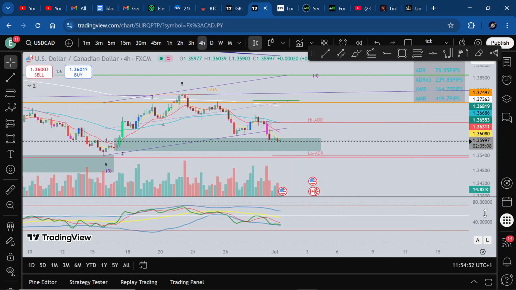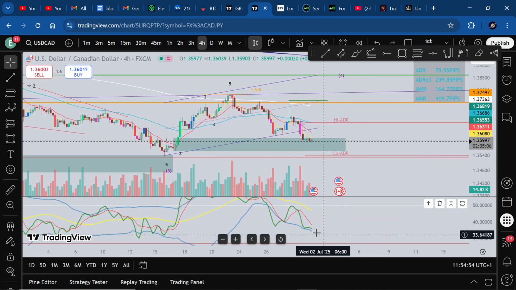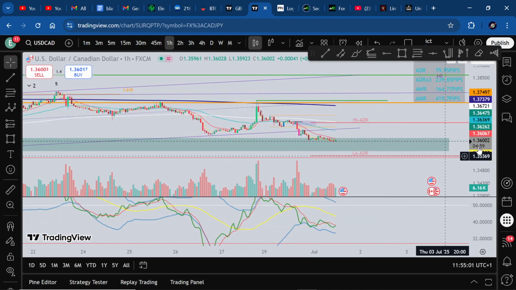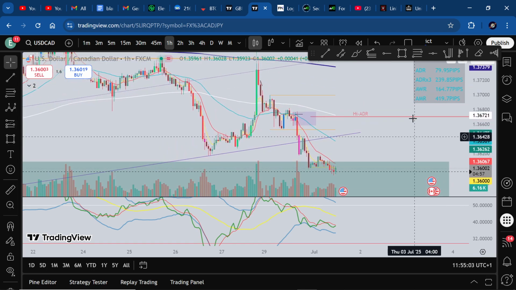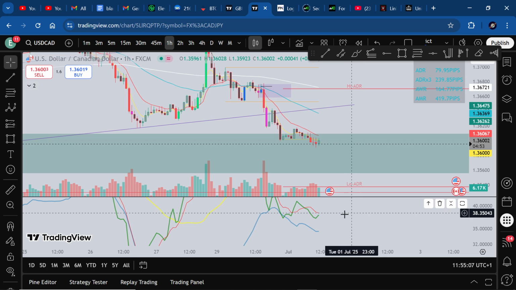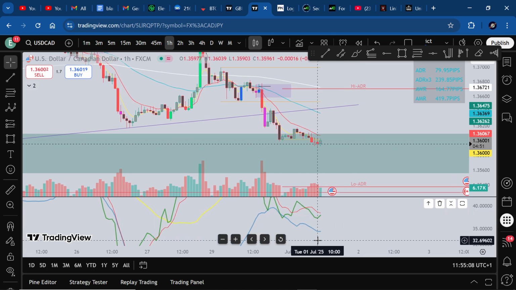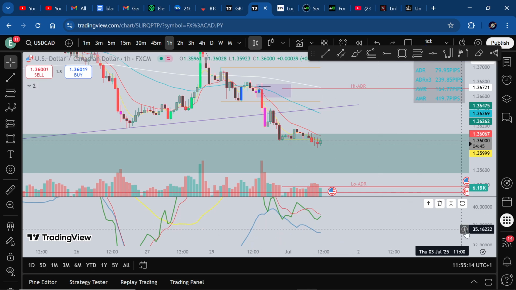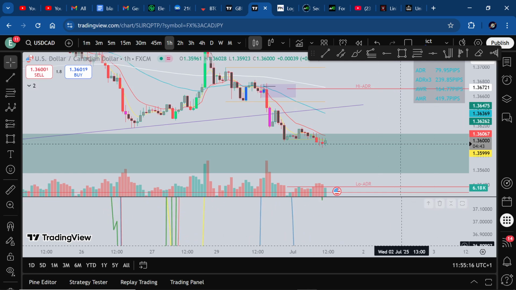If I just zoom out, you want to see bullish divergence forming at least on the 1-hour time frame, which it appears to be forming. No, not really. I can see that this has gone kind of flat, but we don't have bullish divergence on the 1-hour time frame.